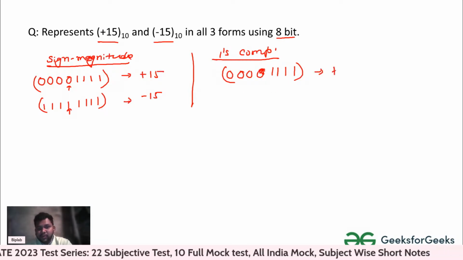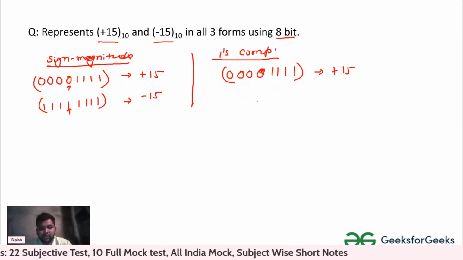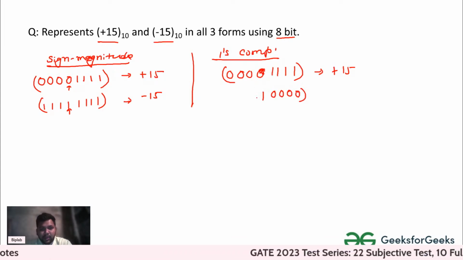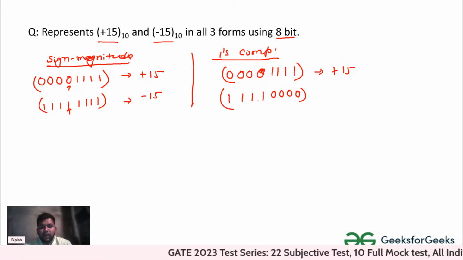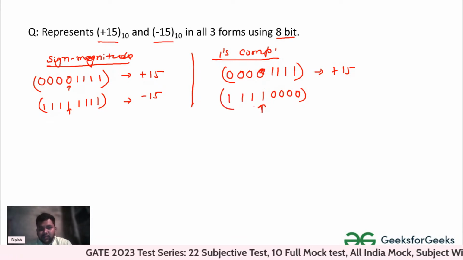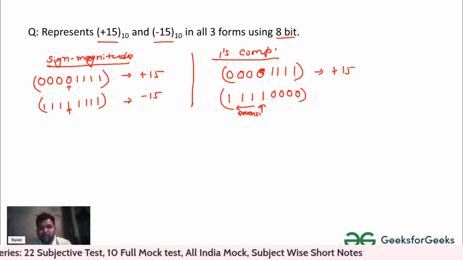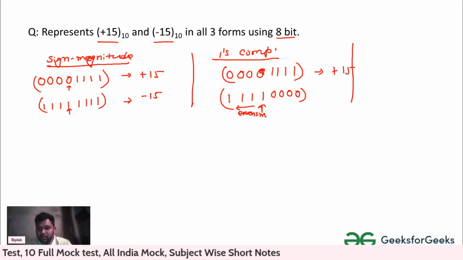This is the same in all three representations. For a negative number, we first do the first complement, giving 0000, and keep all the rest as ones. The leading one represents the sign bit, and the others are the extension, because we have to represent it in 8 bits.